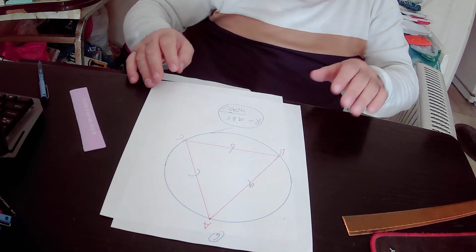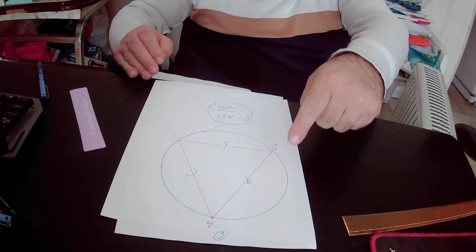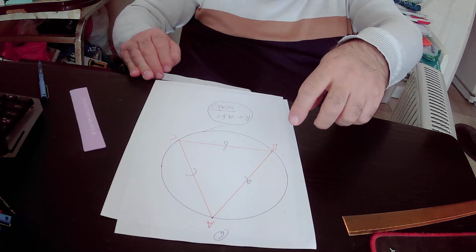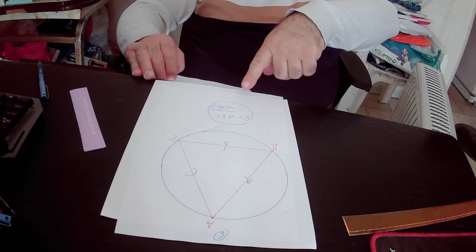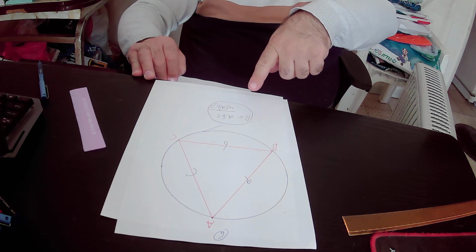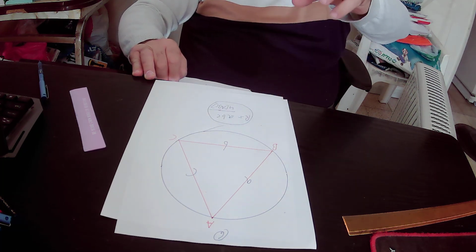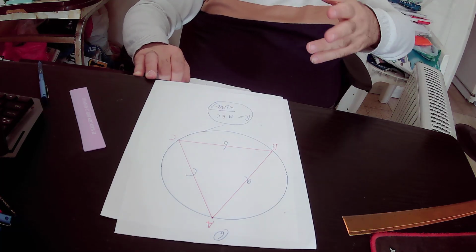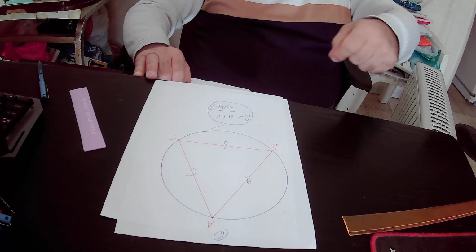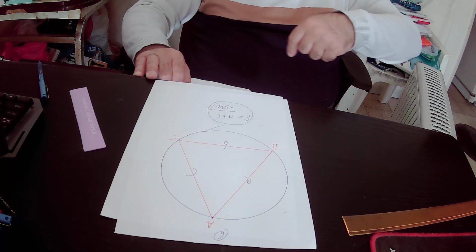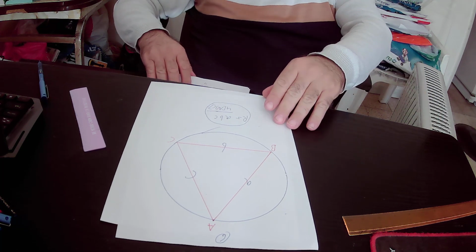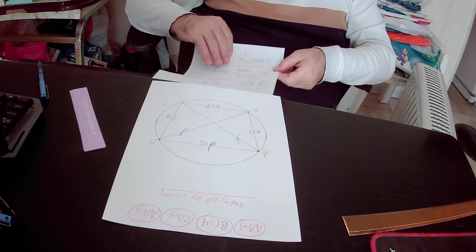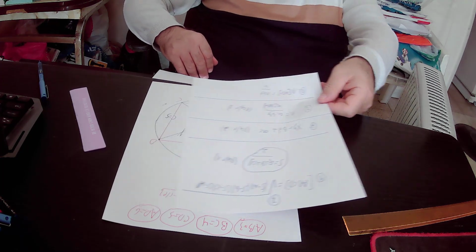Okay, so if you have a triangle that is inscribed by a circle, like in this drawing, then the radius of that circle will be equal to the product of its sides, in this case A times B times C, over 4 times the area of that triangle. Okay? So then we implemented the 3 rules in our drawing.